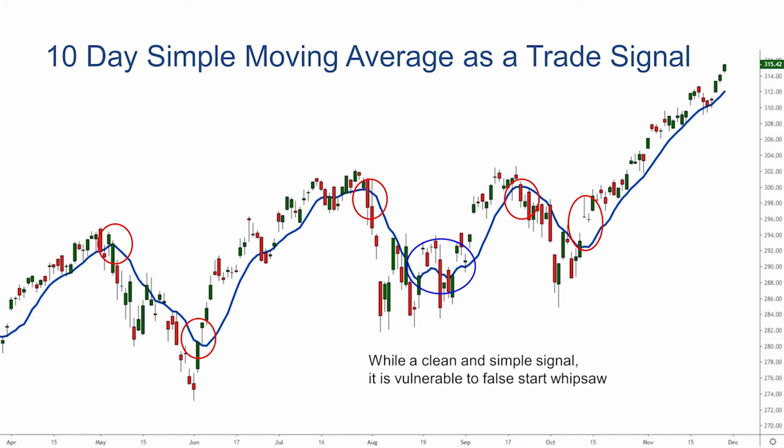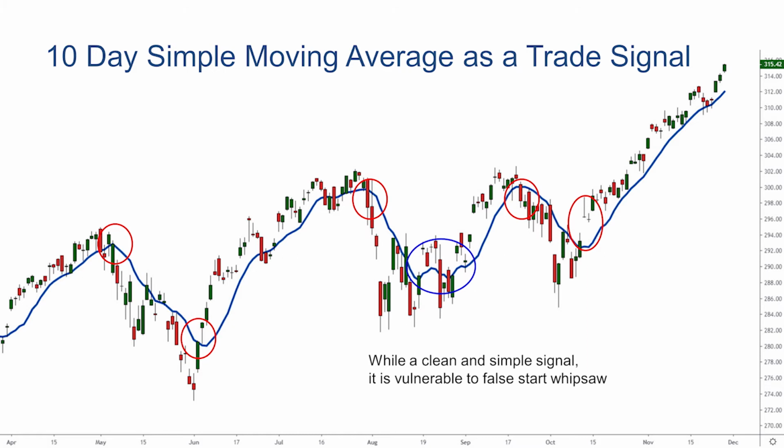And so if you're stuck in a trading range versus a stock or an index that is trending, then it's going to often just chop back and forth above and below its average price. And this is where what we call whipsaw or false starts can actually occur. We're going to discuss, as we move to the next couple of slides, how one can manage this, or what the alternative ways of overcoming this are.